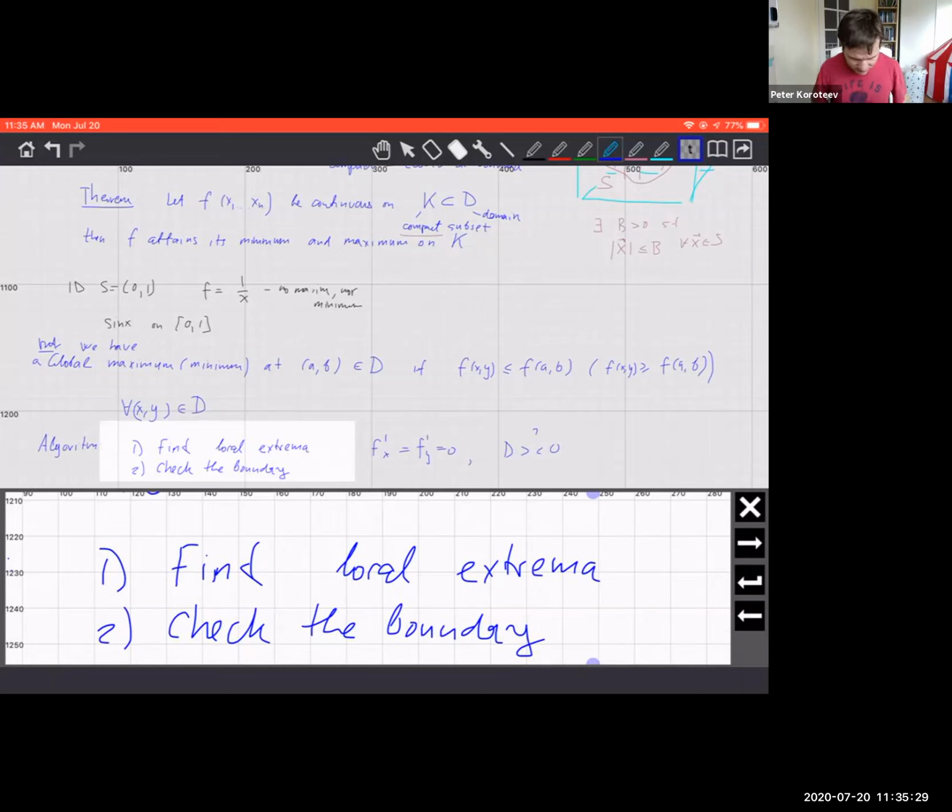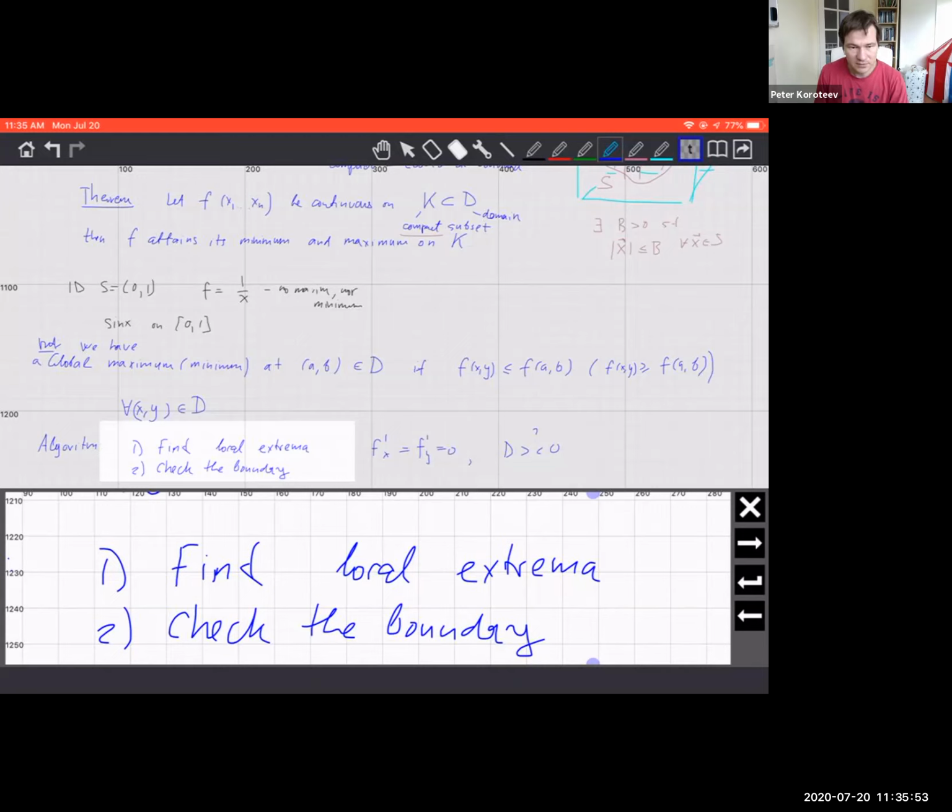These two steps of course assume that the function is differentiable and continuous. If it's neither, then you have to look at what we did with the function xy over x squared plus y squared: evaluate it, find its value and compare it with the value of the neighboring points.